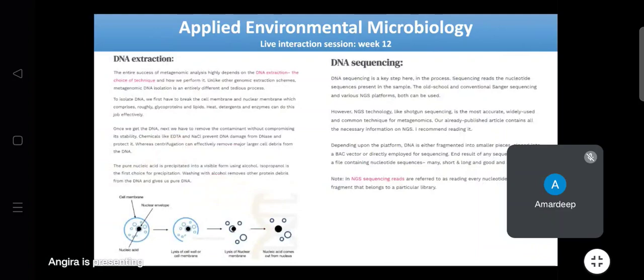And then the first step is basically DNA extraction. Any one of you has done DNA extraction in laboratory?